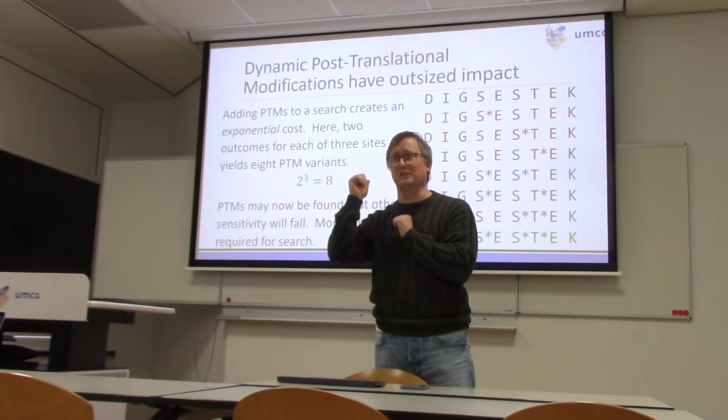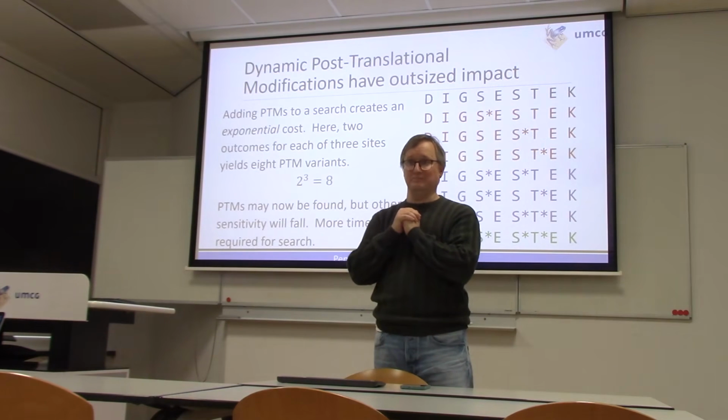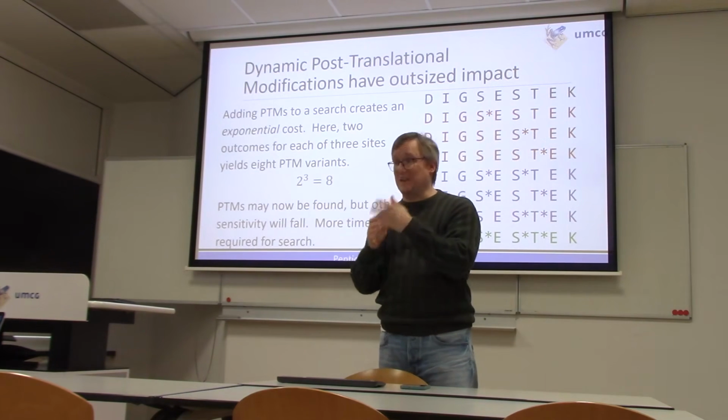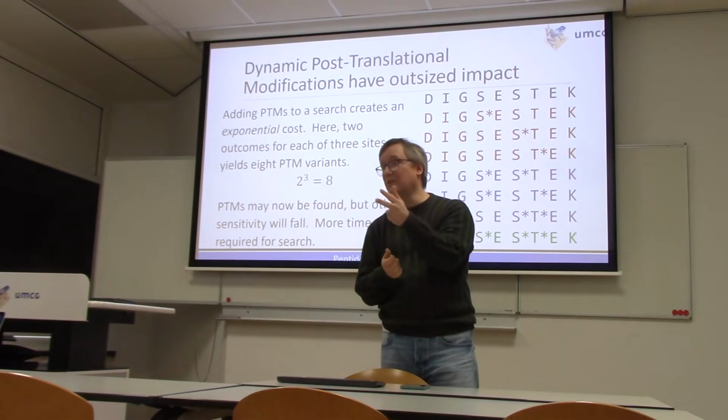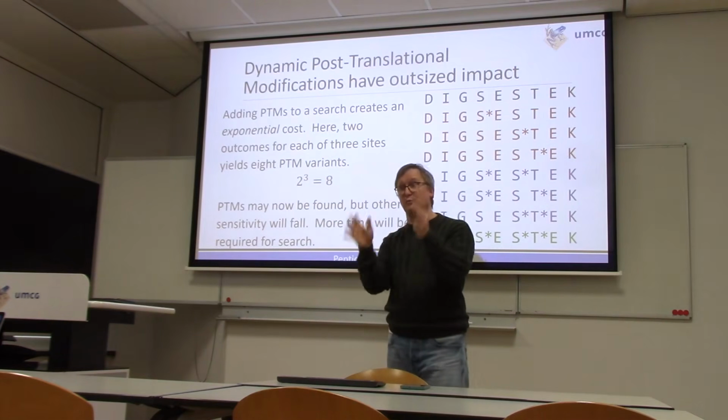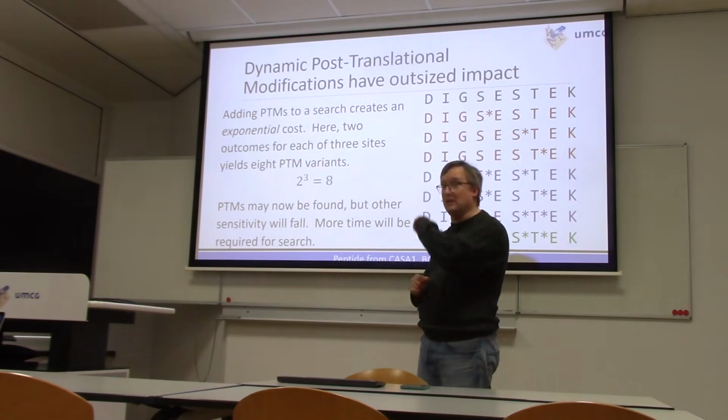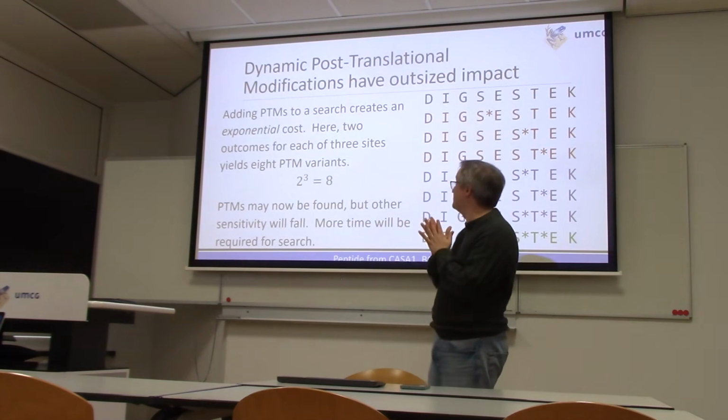I've got some clues on the slide. Amino acids that have side chains with an OH group, serine, threonine, and tyrosine, are the most common places in the human proteome for us to find these phosphorylation marks on proteins.